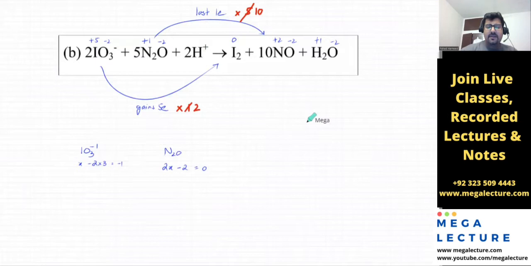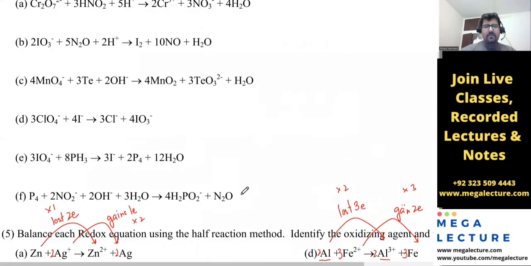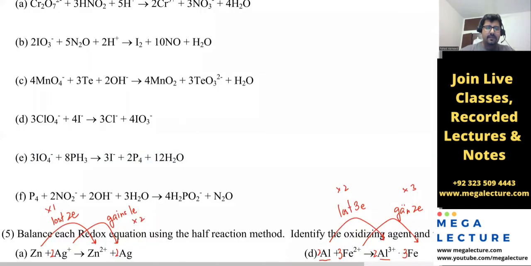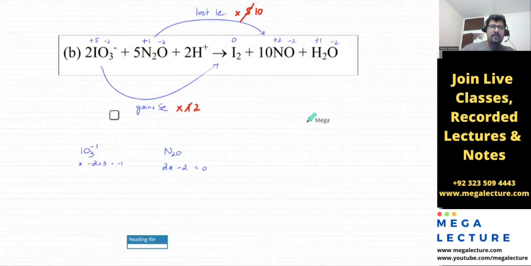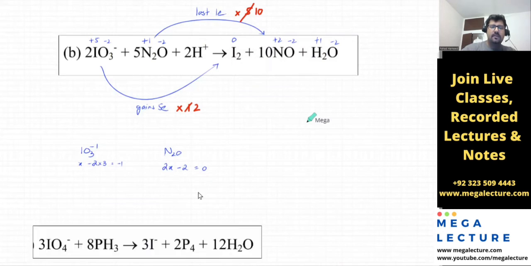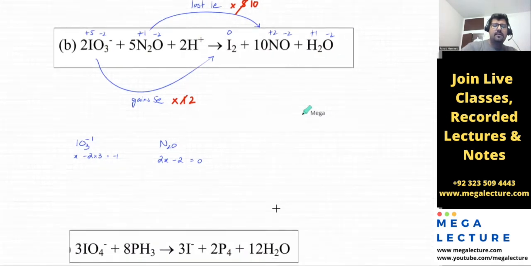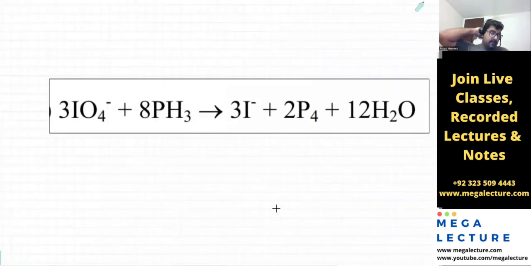I'll try and do another one. Just one. Let's do this one. Let's do this one. Okay, so now this one. What happens over here? I said get rid of the 3s and 8s, etc. So I can make it.